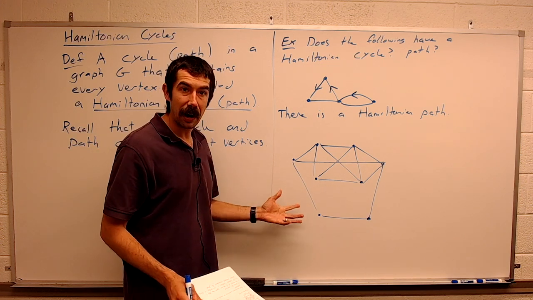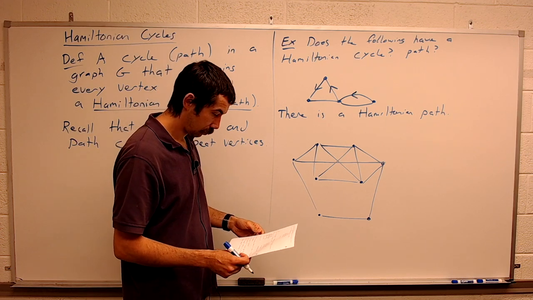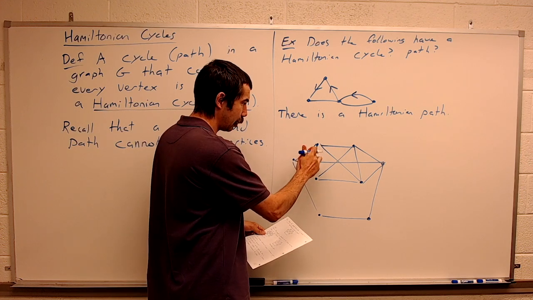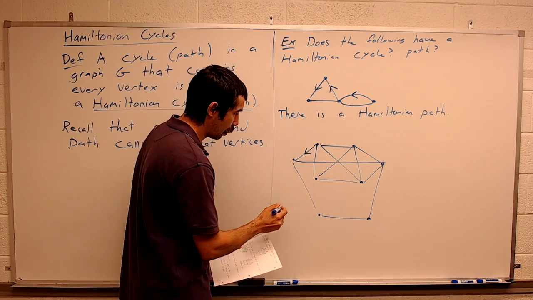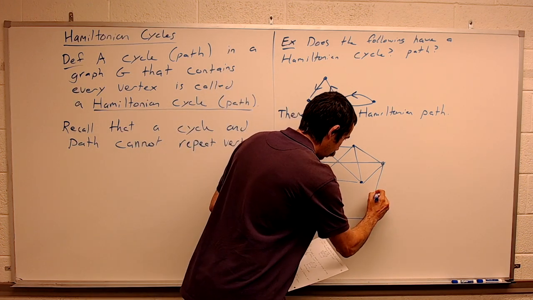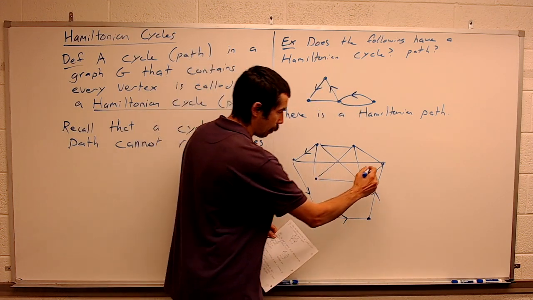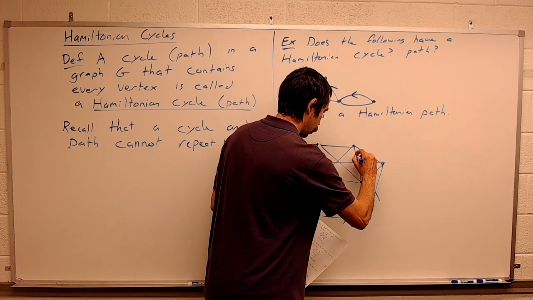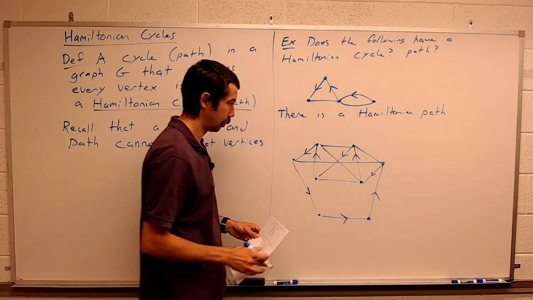And in this graph, it is possible to find a Hamiltonian cycle. Okay, let me show you one. So let's say we started here. If we go here, here, here, here, and then maybe we traveled down, up, diagonal, and back to where we start.